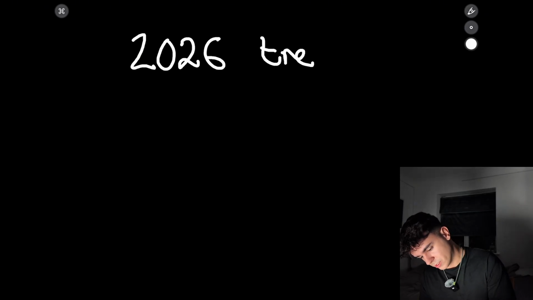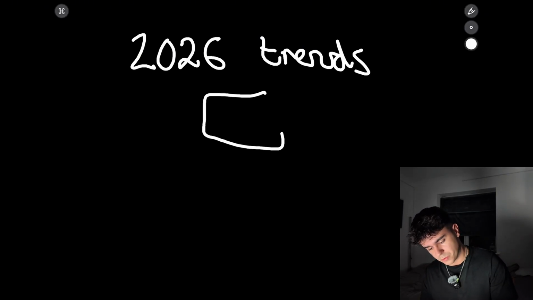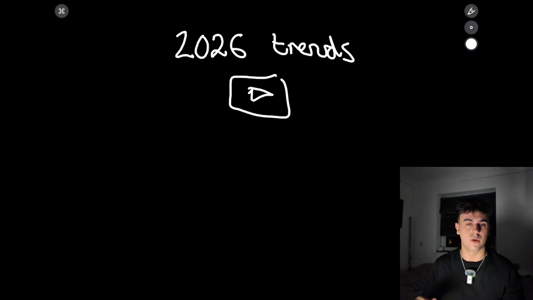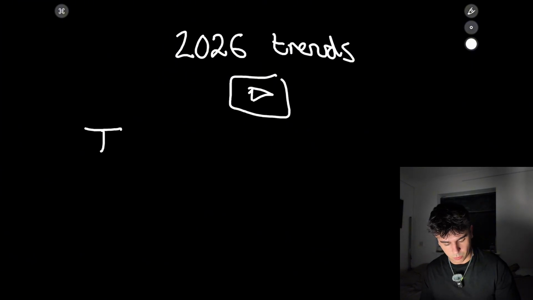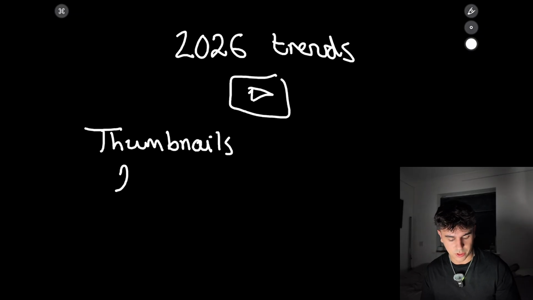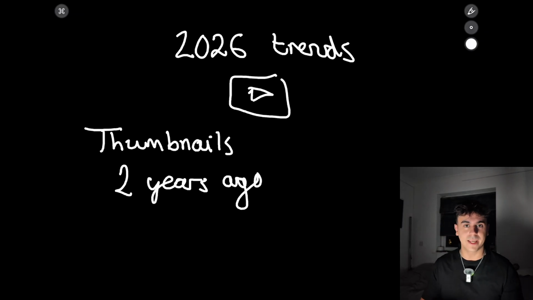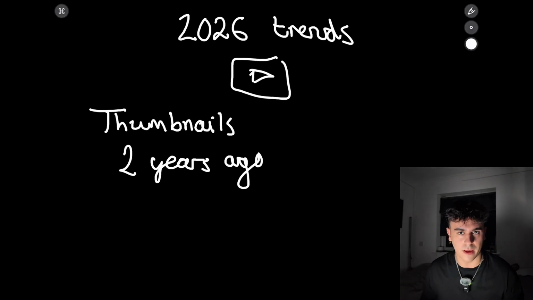Next, we have 2026 trends. YouTube isn't how it used to be. For example, thumbnails, even 2 years ago, were highly edited. They were filled with AI. The backgrounds were massive skyscrapers, and just everything to do with the thumbnail was completely fake, and people loved that.